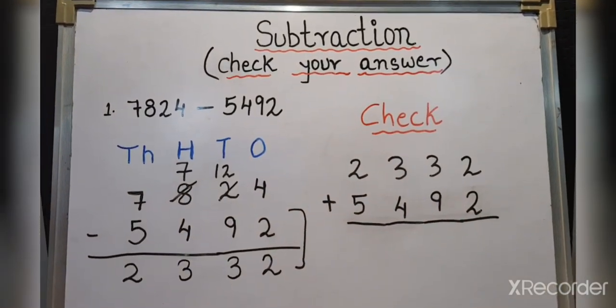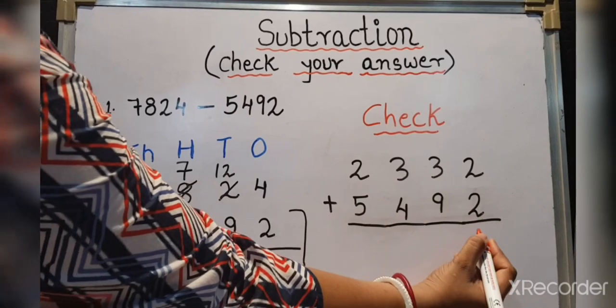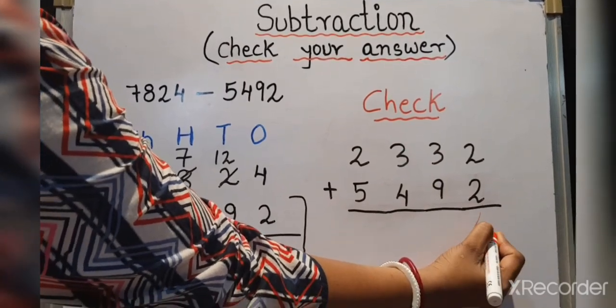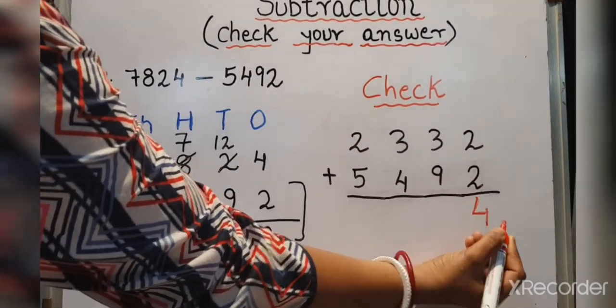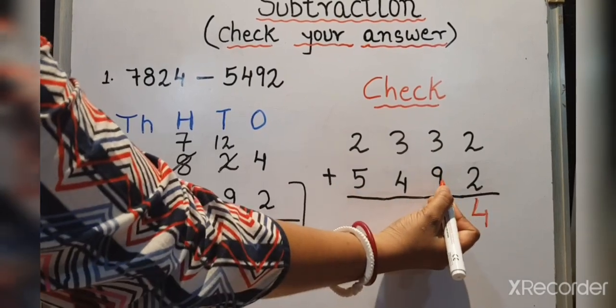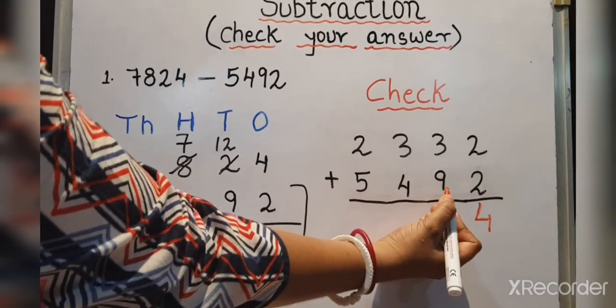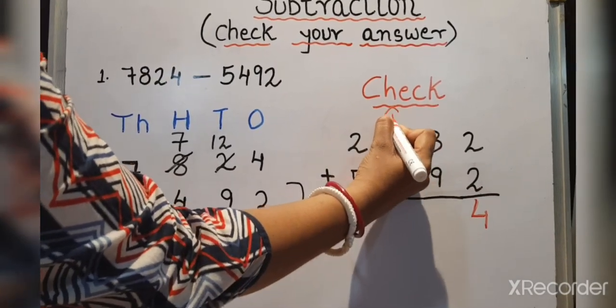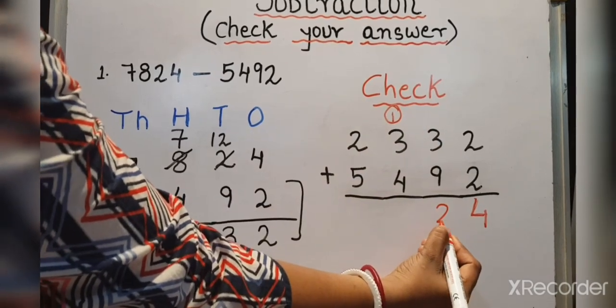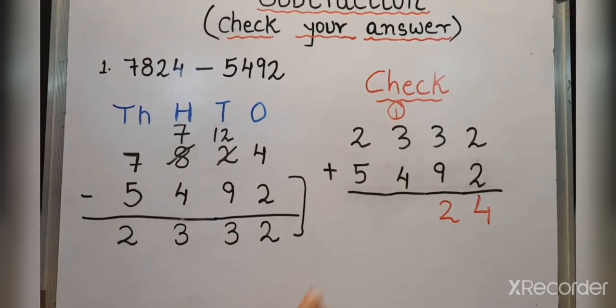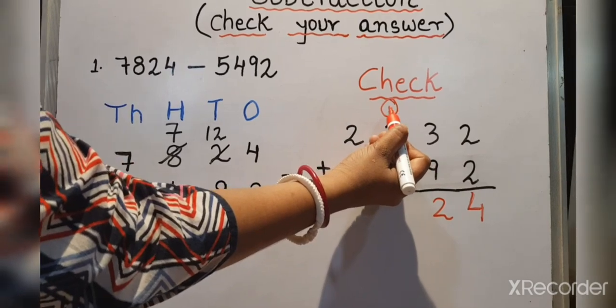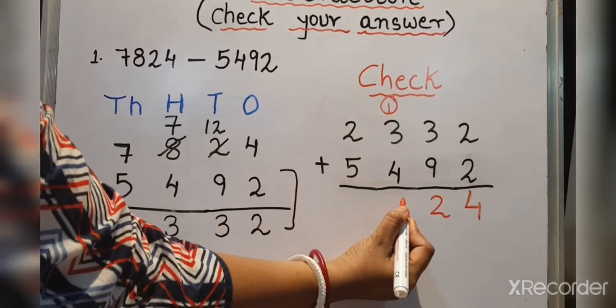Now let us add. 2 plus 2 is 4. 3 plus 9, children, is 12. So 1 will be carried over and we will write 2 down. Then 3 plus 1 is 4. 4 plus 4 is 8.